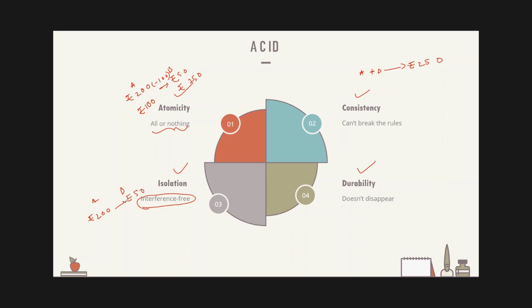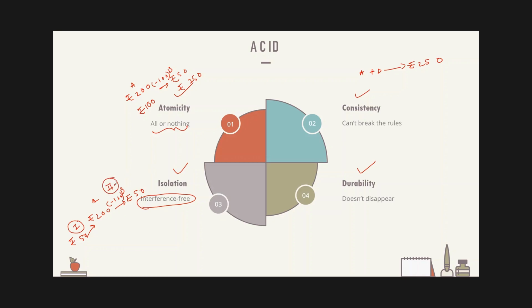Our purpose was to transfer rupees 100 from account A to account B. Now let's say a bonus of rupees 50 is deposited into your account from the company. Let us assume this rupees 50 credit into account A is transaction 1, and the rupees 100 debit from account A is transaction 2.